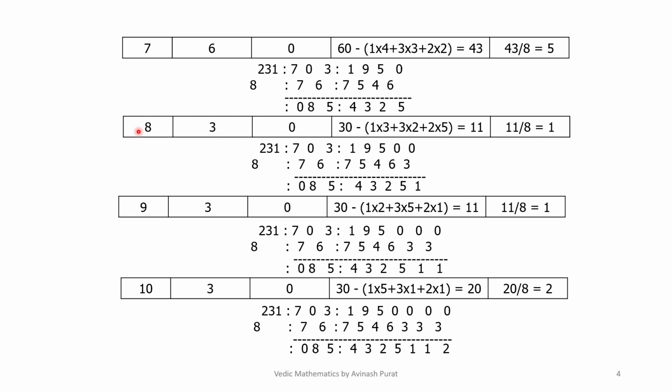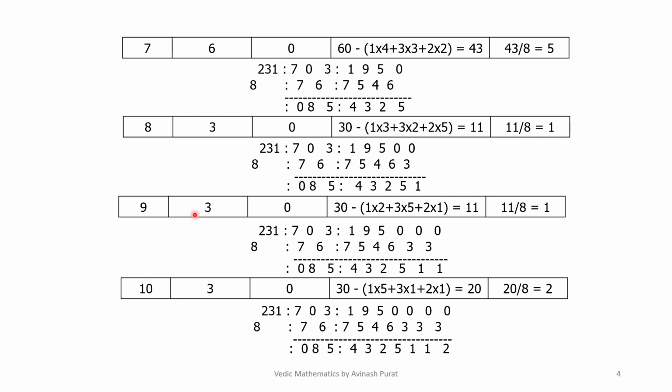Now eighth step, 3 is remainder and 0 is the dividend, so 30 minus 1 into 3 plus 3 into 2 plus 2 into 5, that is 11. So 11 divided by 8 is 1 is the quotient, and again 3 is the remainder.